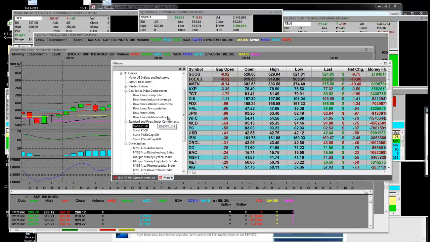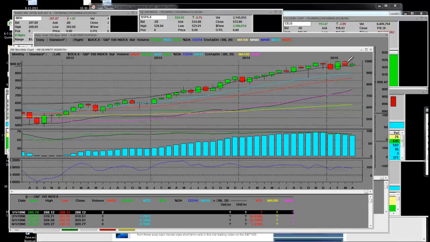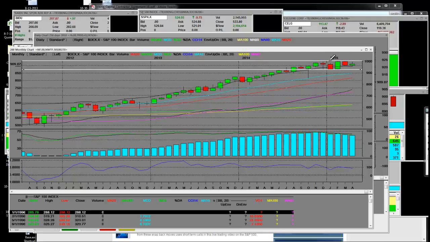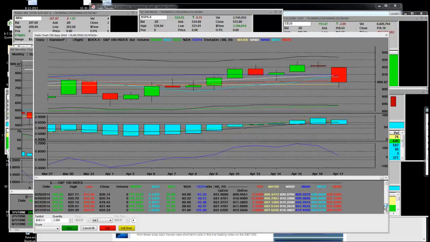I'm going to show a monthly chart of the OEX S&P 100, and this is a monthly top and resistance level, and this is how we have come from that January sell-off. That's a monthly. Now, when we take a look at the S&P 100 index, we're testing that 100. The white line is the 50-day simple moving average. We went down here. This yellow line right here is the 100-day simple moving average.